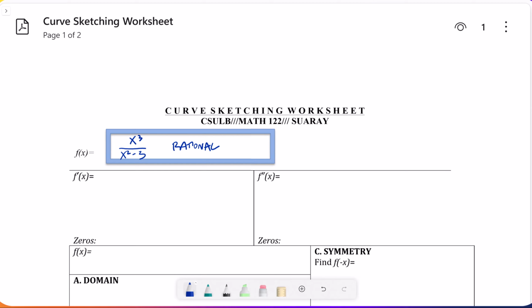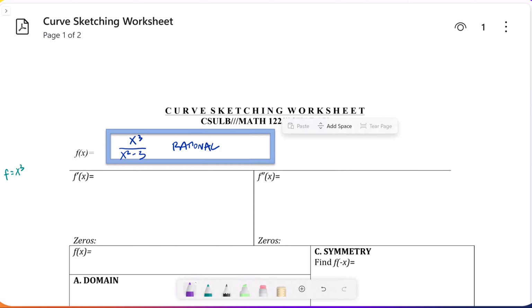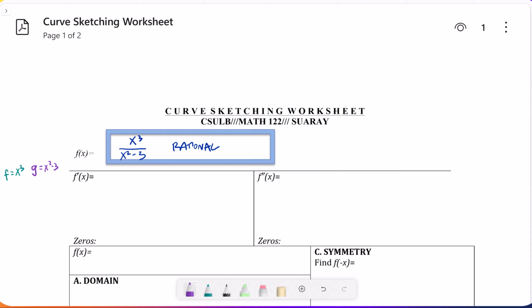The first thing we want to do is find the derivative, right? And so we're going to have our f prime g and our g prime f. So we're going to put our f as x cubed, our g, let's call it x squared minus 3. G prime is 2x, and f prime is 3x squared.